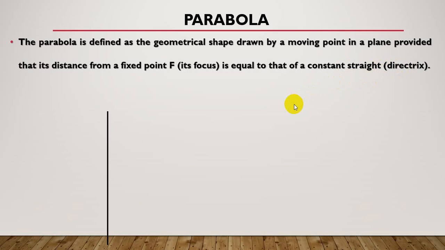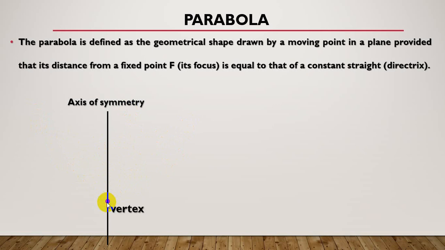When we talk about something like that, we have all the time one axis, maybe the y axis or the x axis, and we call it the symmetry axis, or axis of symmetry. It means that the two sides will be similar to each other.